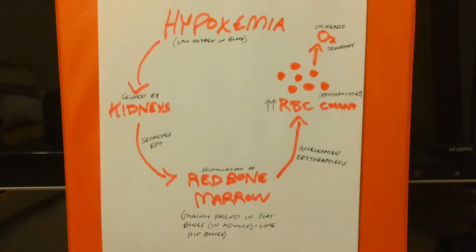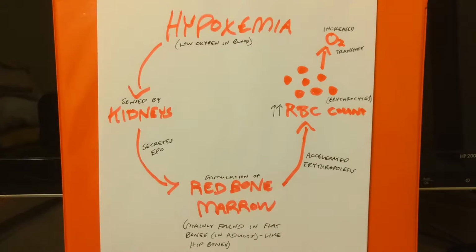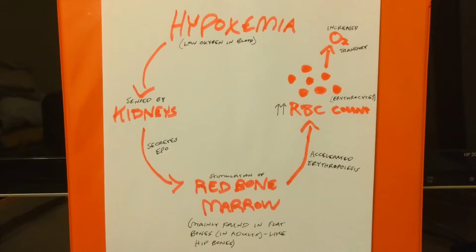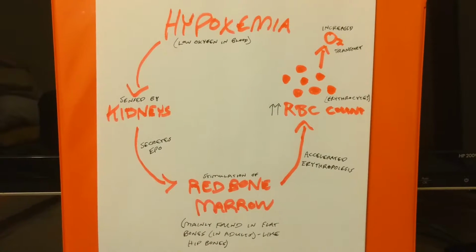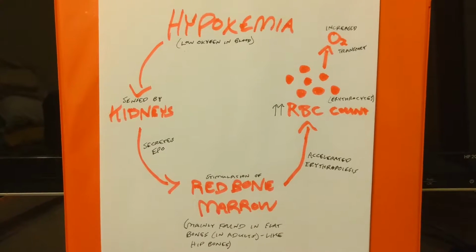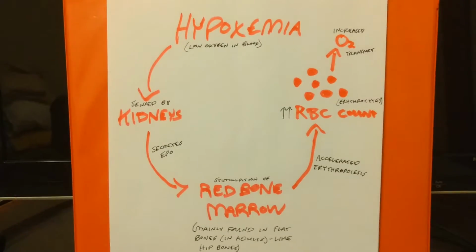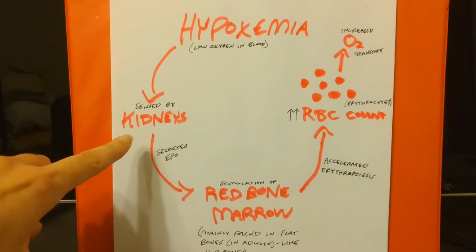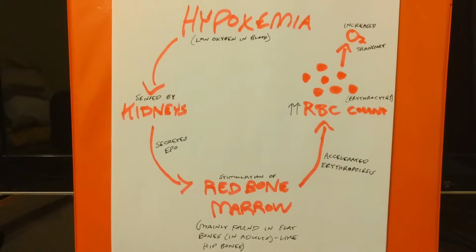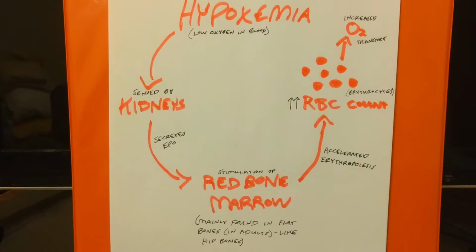So when the RBC count drops, for whatever reason, this creates low oxygen in the blood, which is hypoxemia. When the body detects this happening, well, the kidneys specifically sense this low blood oxygen level, and they start to increase EPO output.